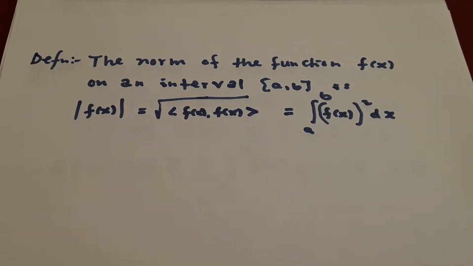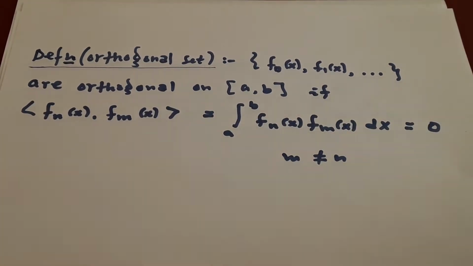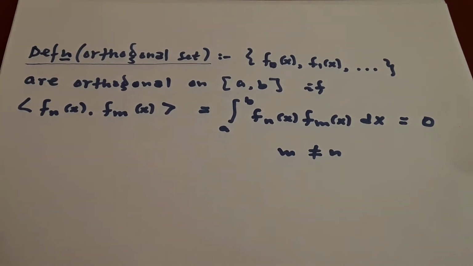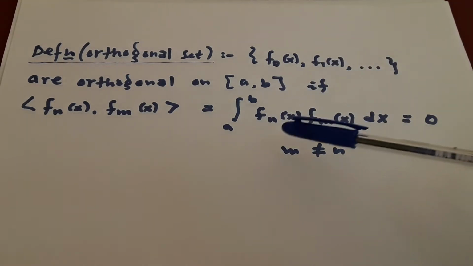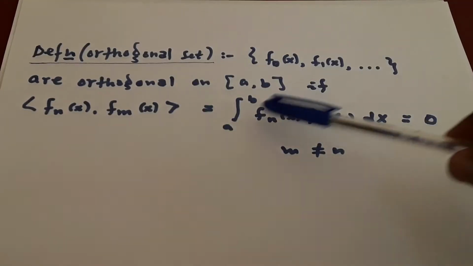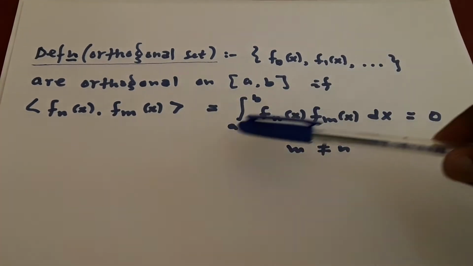Having this in mind, we can extend to orthogonal sets. We have f0 of x, f1 of x, f2 of x, f3 of x, any n number of functions that the set contains. The set is said to be orthogonal on AB if the individual functions are orthogonal to each other.